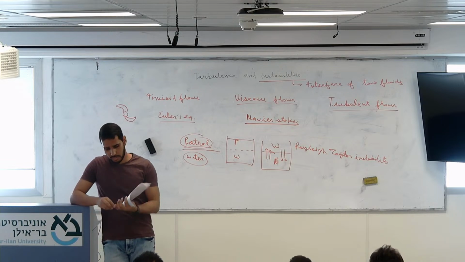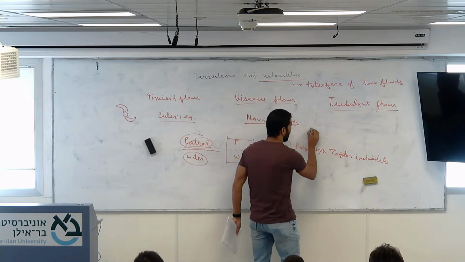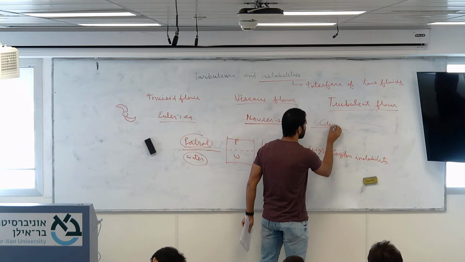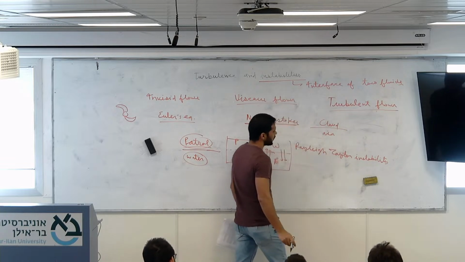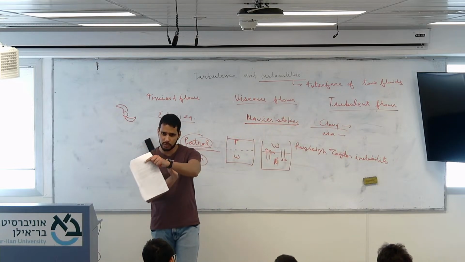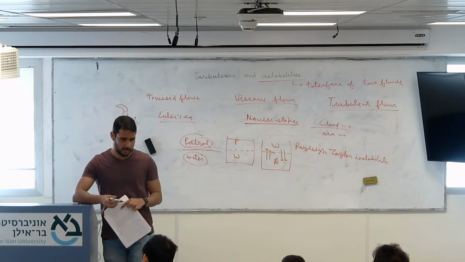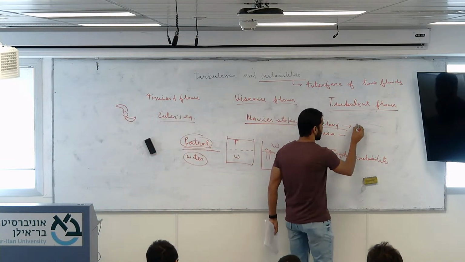That happens because there are two fluids, one is the cloud and the other is air. There is a relative motion between these two. When there is friction between two fluids, the interface becomes unstable. And this is known as Kelvin-Helmholtz instability.